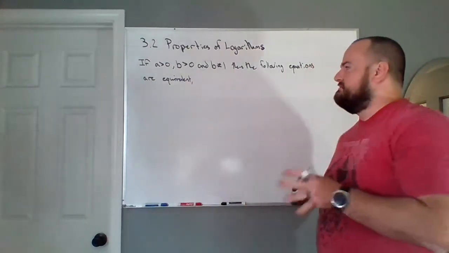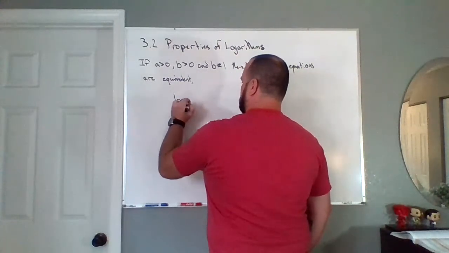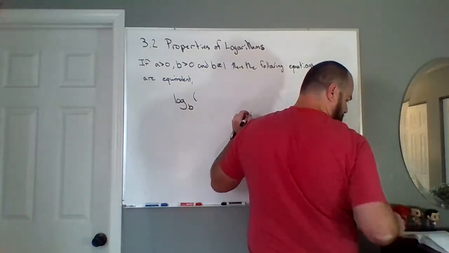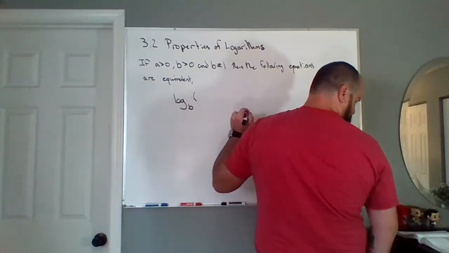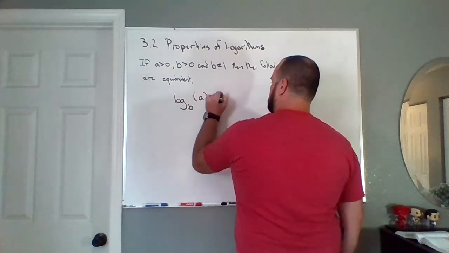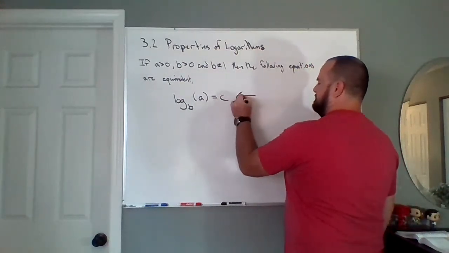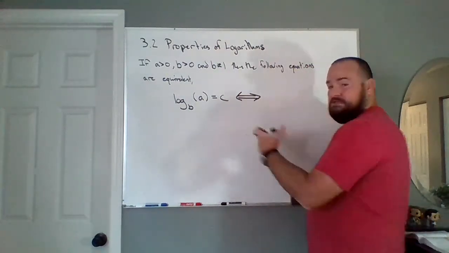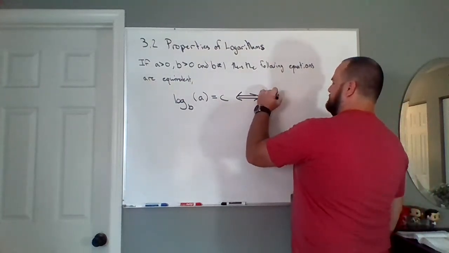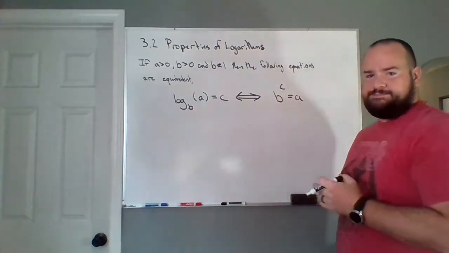And so what we get is log base b of a equals c. This is equivalent, and I'm going to put this symbol here, representing that we can go from one form to the other, to b to the c equals a.